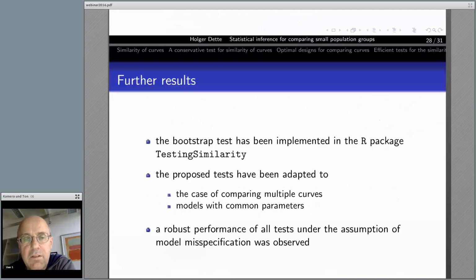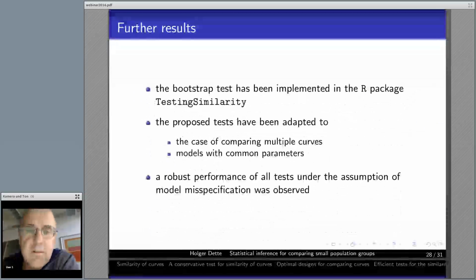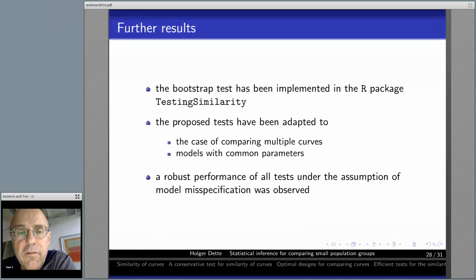So what else did we do? If you want to try this, there's a nice package implemented by Katrin Möllenhoff. It's called testing similarity. And we also have extended these things. So, for example, we can compare several curves, like analysis of variance. And we can also treat models with common parameters.